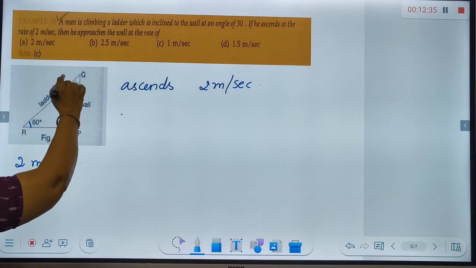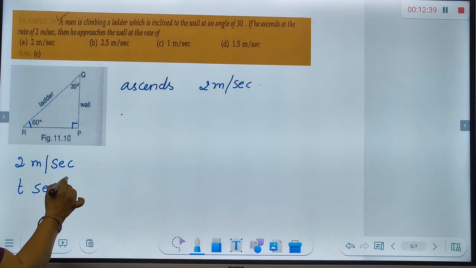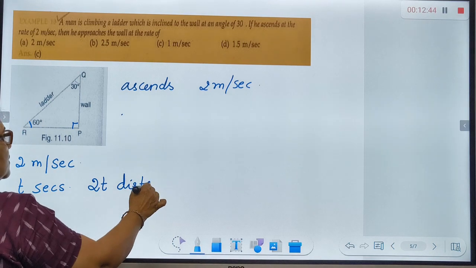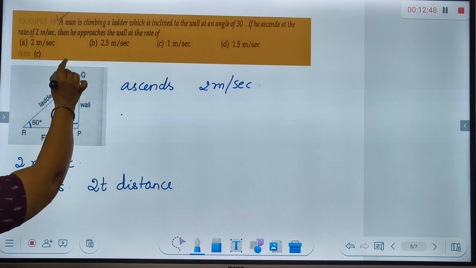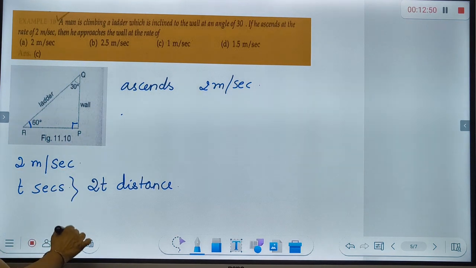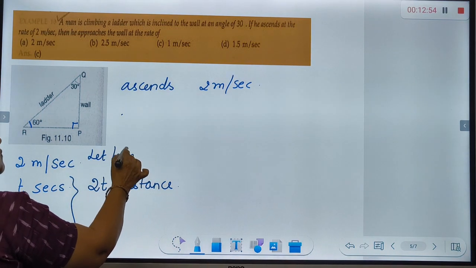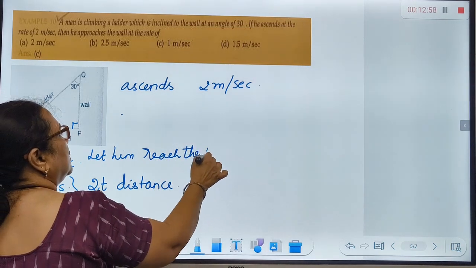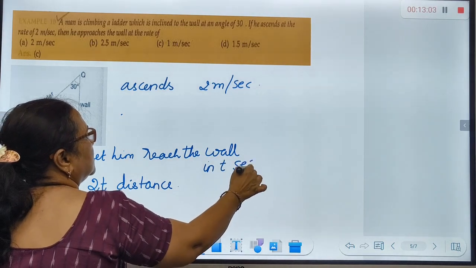So what will be the distance that he has travelled? If in t seconds, you would have travelled 2t distance. Let us suppose he reaches the wall in t seconds.